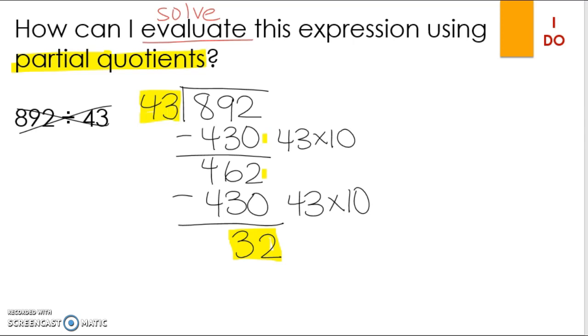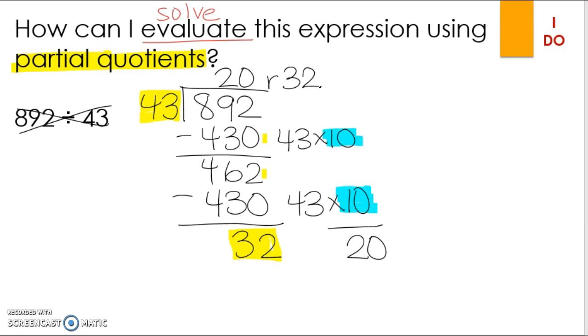But I'm not quite sure what my quotient is. Yes, I am. Look over here, boys and girls. 10 plus 10 is 20. Our quotient is 20 with a remainder of 32.